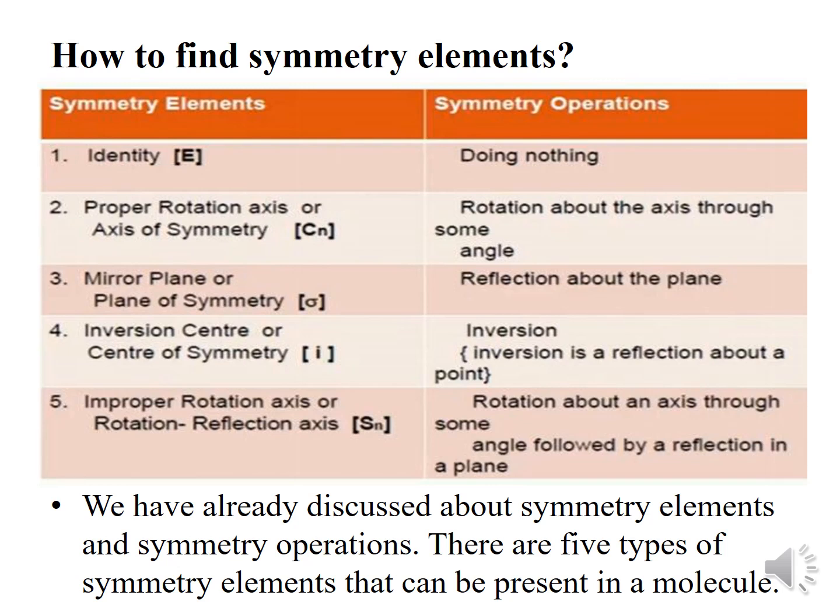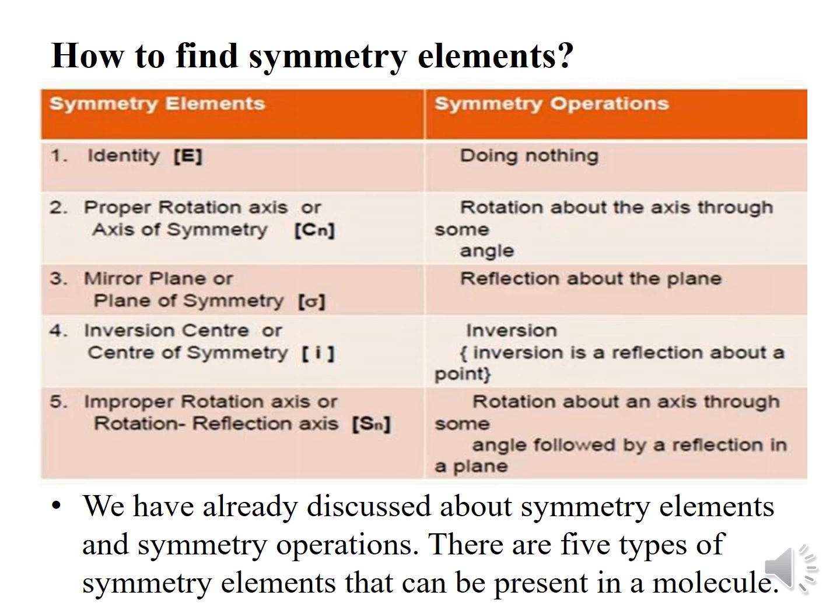Third one is mirror plane or plane of symmetry, denoted by sigma, and its symmetry operation is reflection about the plane. Fourth one is invariant center or center of symmetry. It is denoted by i. Symmetry operation for this symmetry element is inversion, a reflection about a point.